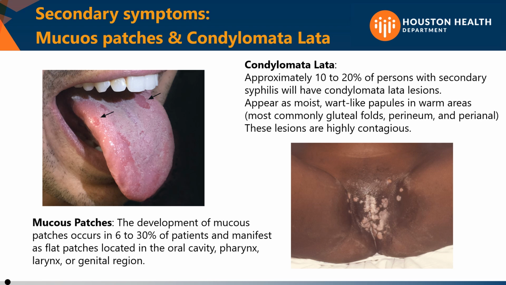In the case of the condylomata, this is basically happening in approximately 10 to 20% of the persons with secondary syphilis, and they are going to be appearing in areas that are moist.